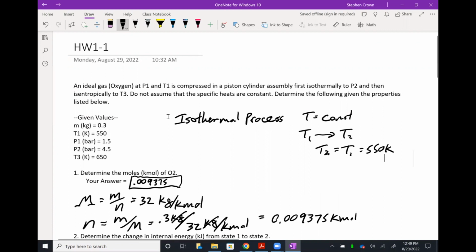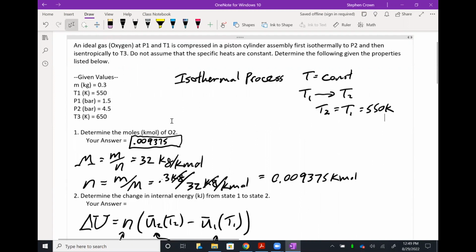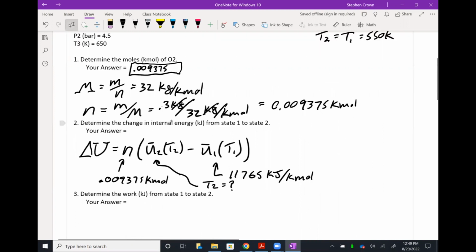So when we look up in the tables U bar at T2, we'll find that U bar 2, which is at T equals 550, same as U1, equals 11,765 kilojoule per kilomole.